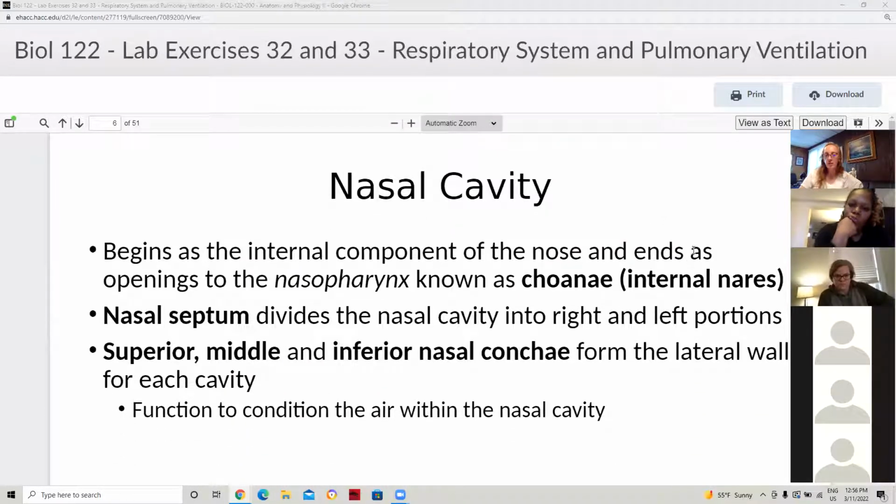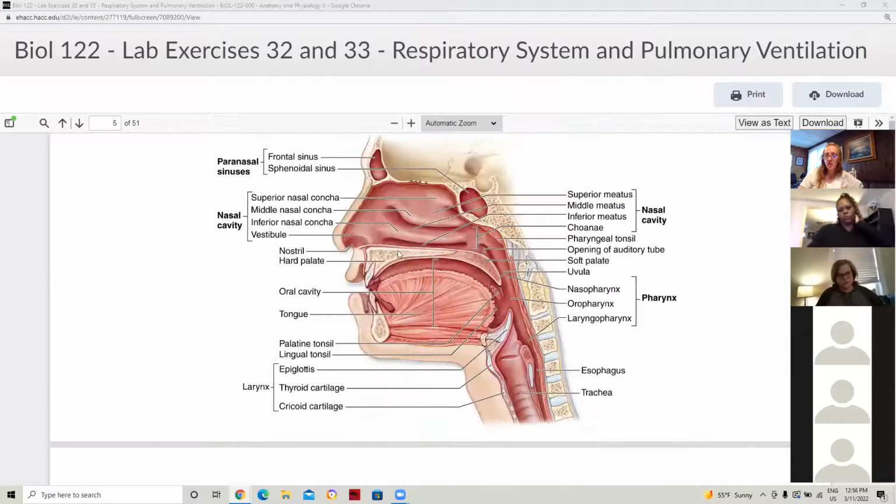The nasal cavity begins as an internal component of the nose and ends as the openings to the nasopharynx, known as the internal nares. Looking here, it starts right here and it ends right here, the nasal cavity.